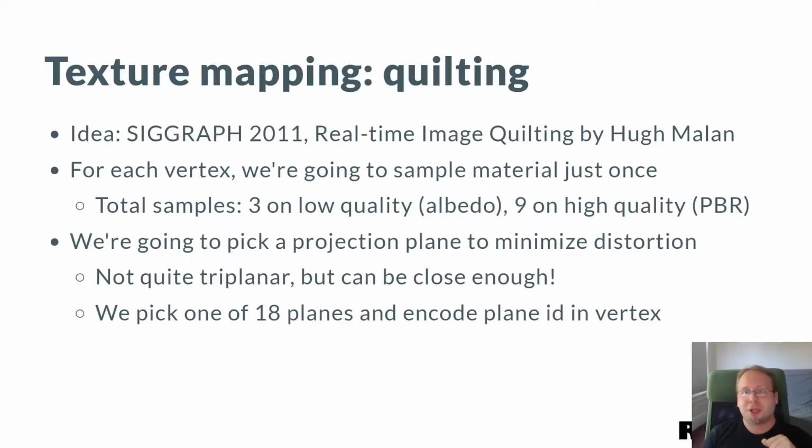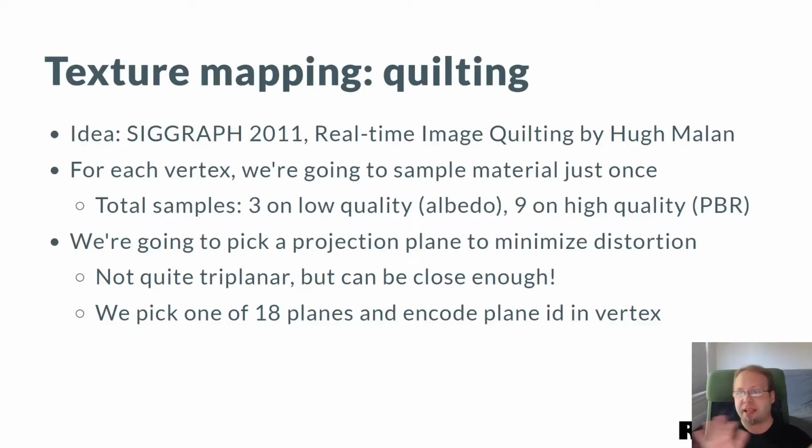Instead, we use an approach inspired by quilting, by the paper Real-Time Image Quilting from SIGGRAPH 2011. The basic idea there is that you take each vertex and look at the incident triangles, and then you project a patch of textures onto that. In the center vertex, the influence of this patch is maximum, is 1, and then towards the edges the influence goes to 0.